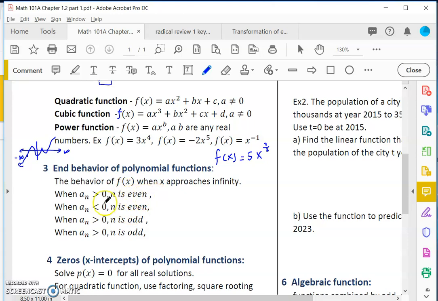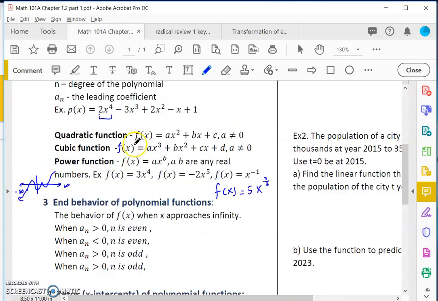So what happens is if we have a polynomial function like the one that we had earlier, 2x to the fourth minus 3x cubed plus 2x squared minus x plus 1. In every polynomial function, the leading term actually determines the end behavior. So if you want to know how this polynomial function behaves in the end, you do not need to worry about any of these other terms.